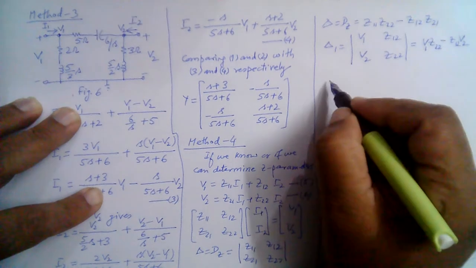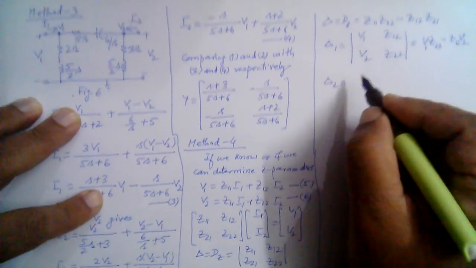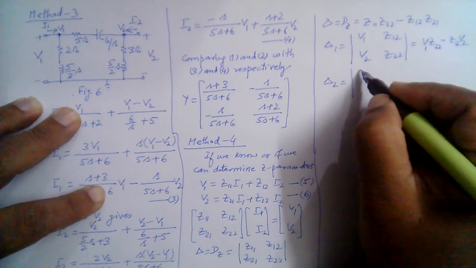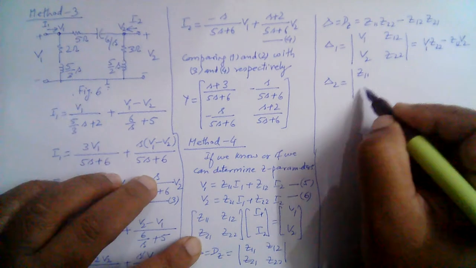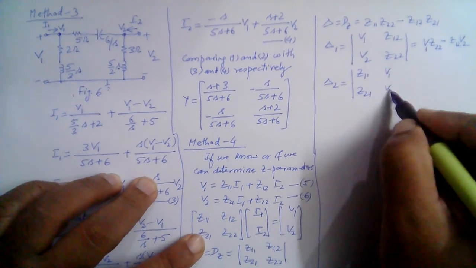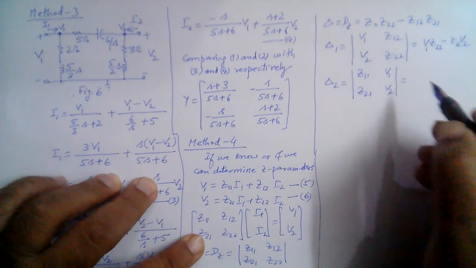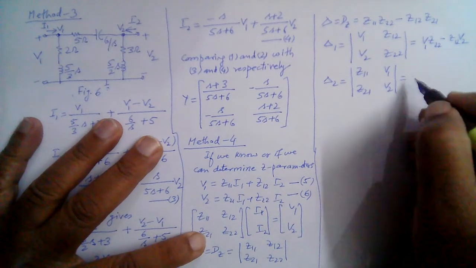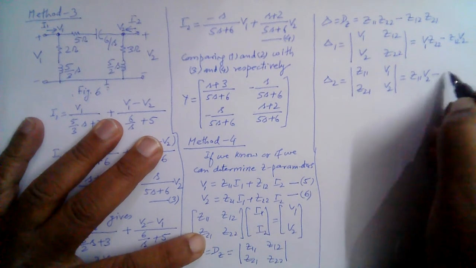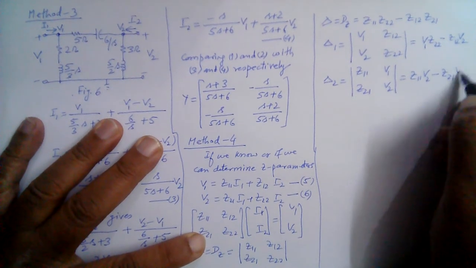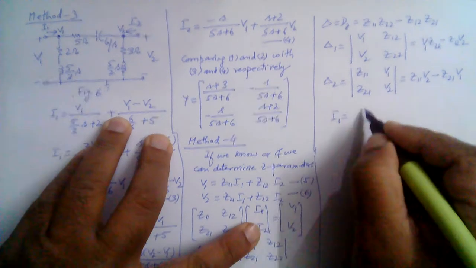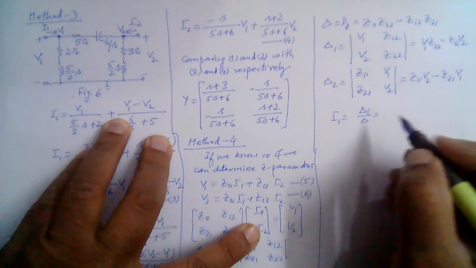And similarly delta 2: we leave this column here, z11 and z21, and this column is v1 and v2. That is then equal to z11 v2 minus z21 v1.